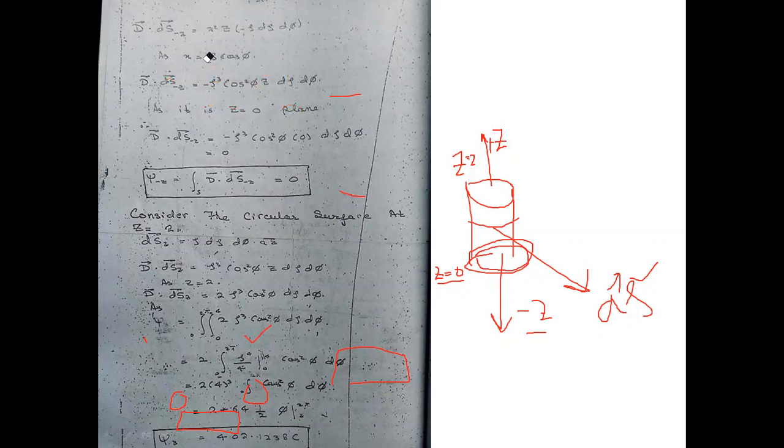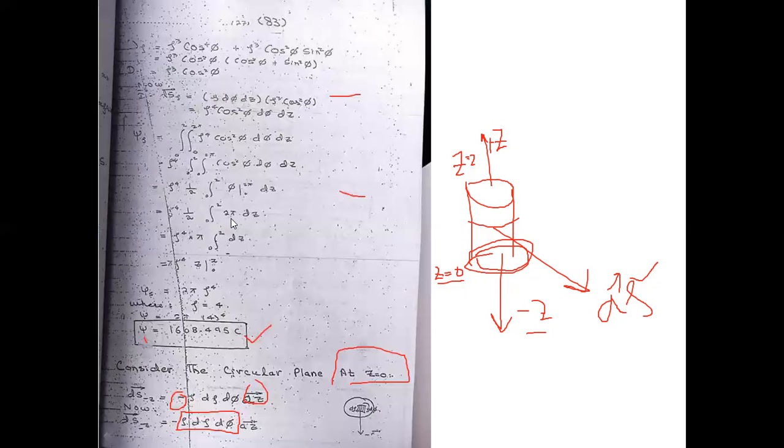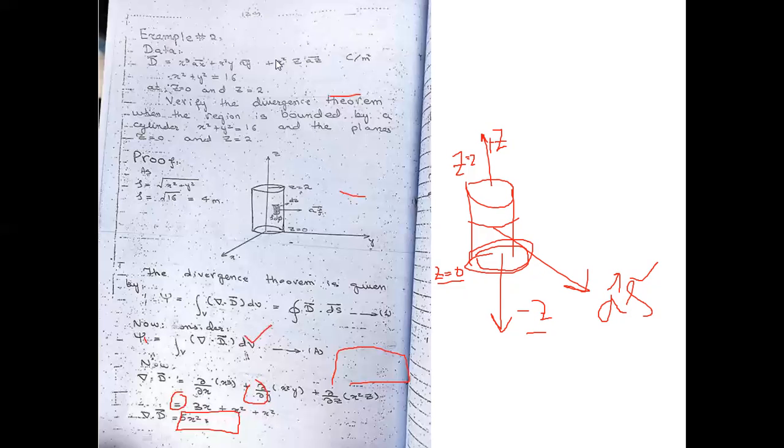So x squared z, this is the z component of D, means D_z.